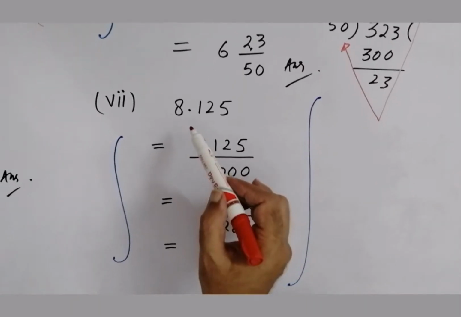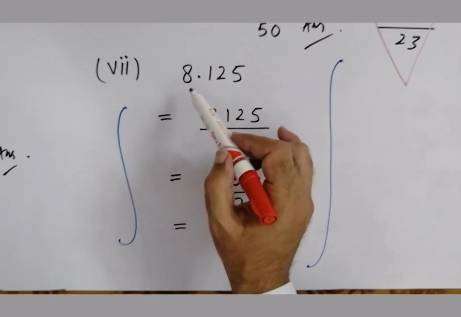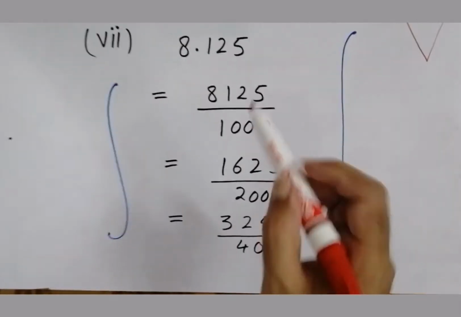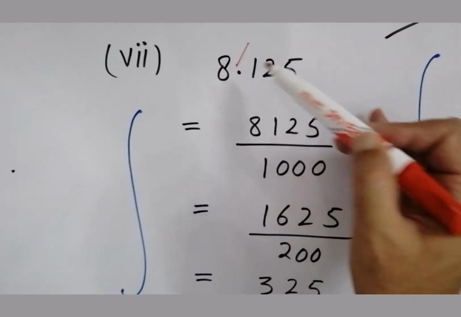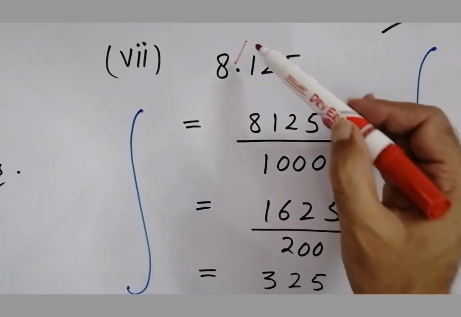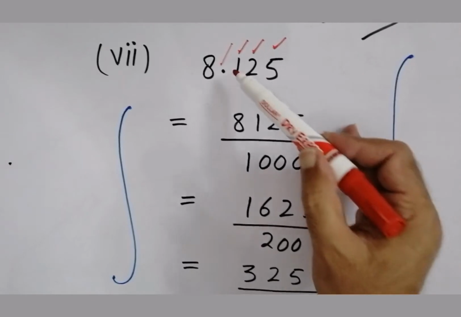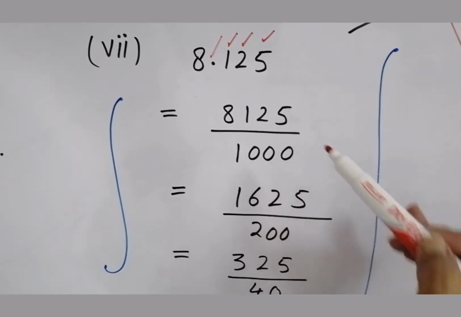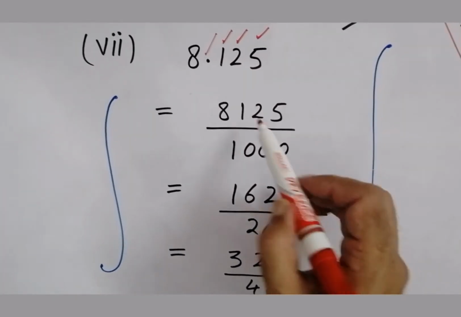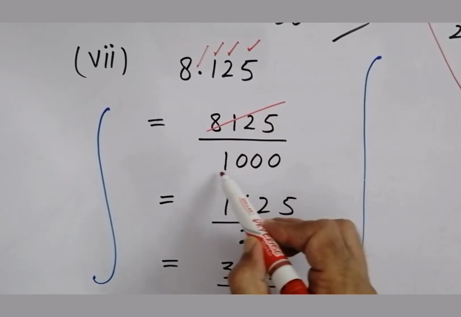Now taking 8.125, remove this decimal point and replace it by 1. Replace 1, 2 and 5 by 3 zeros. 1, 2, 3, 3 zeros. Now dividing numerator and denominator by 5.